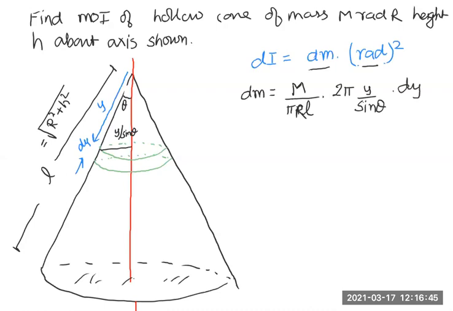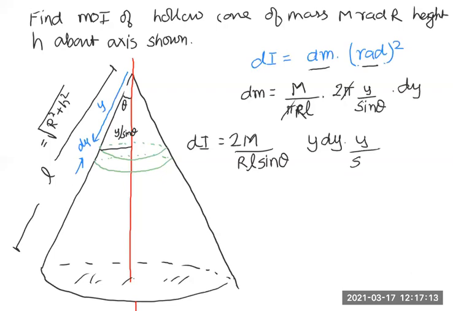So we get dI, pi and pi cancel, M by r l sin theta, 2M by r l sin theta, into y dy, into y upon sin theta whole square.